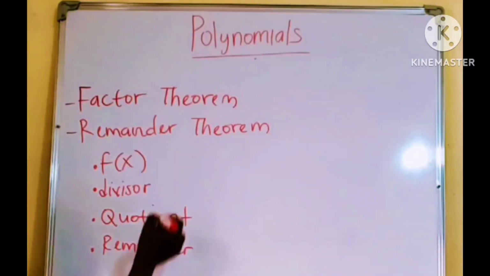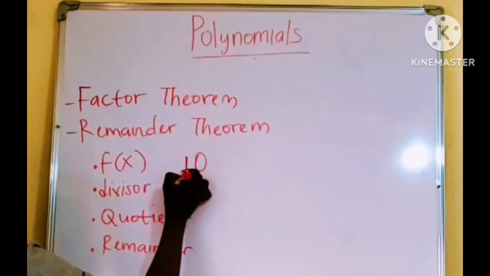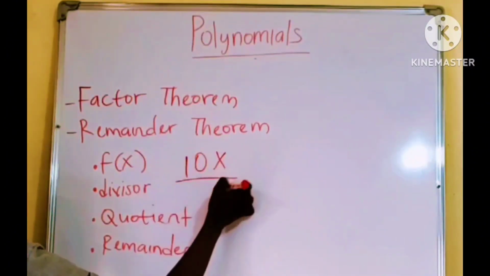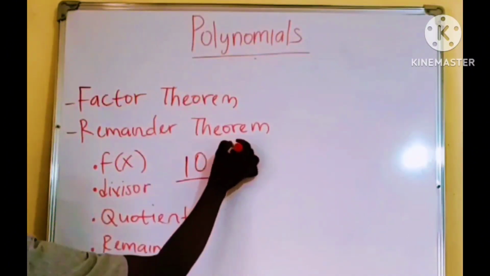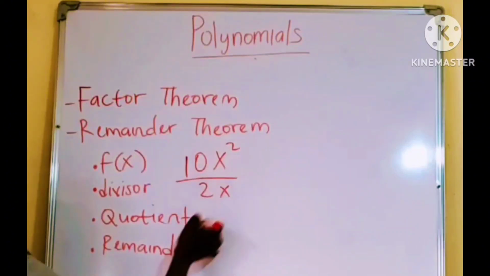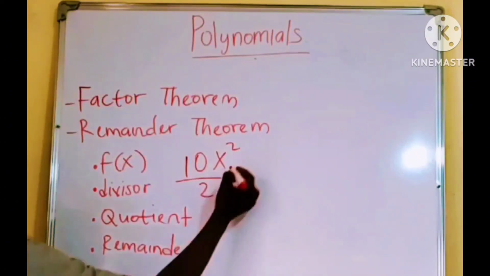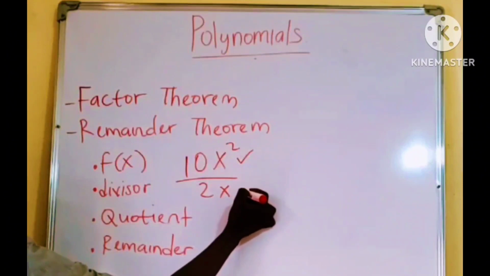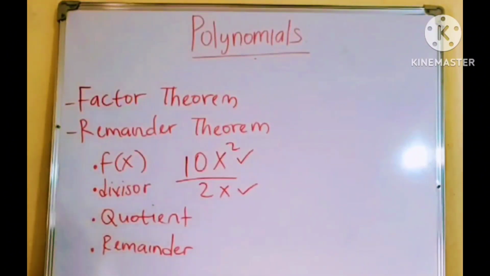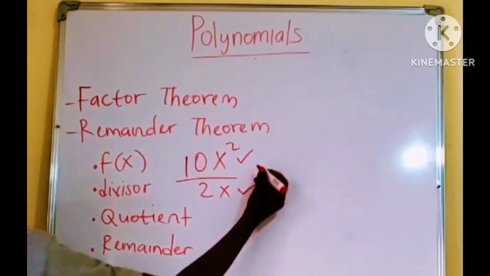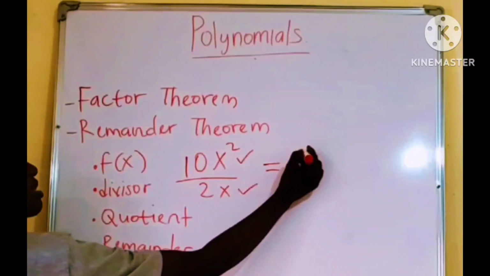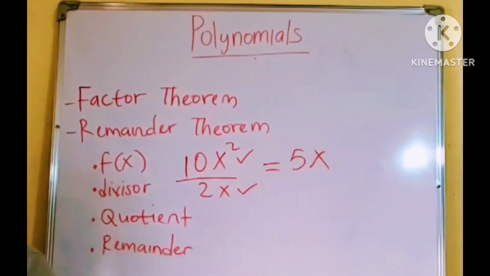A simple example: 10x squared divided by 2x. This is the polynomial and this is the divisor. Are we together? So this will give us exactly 5x.